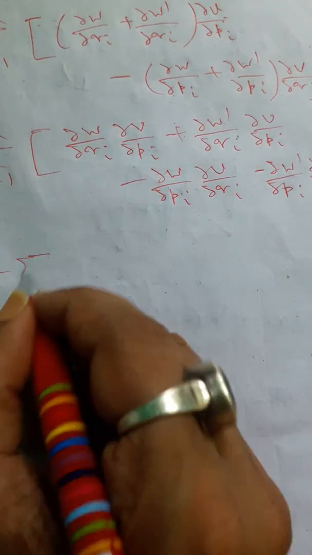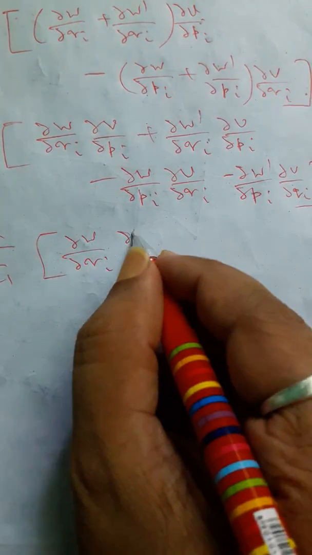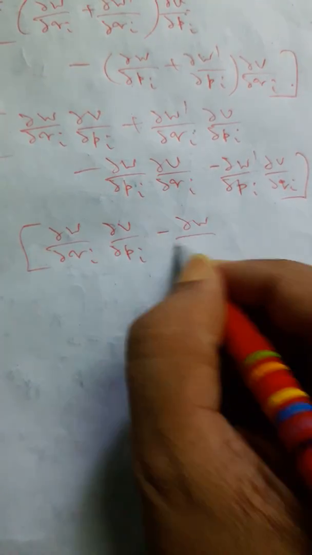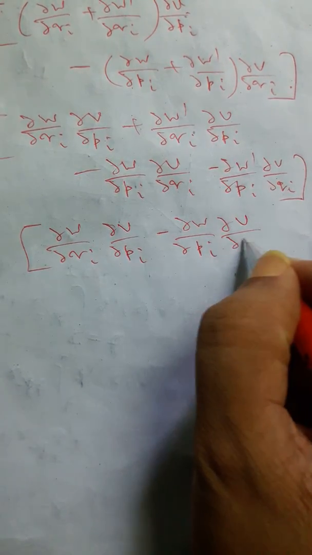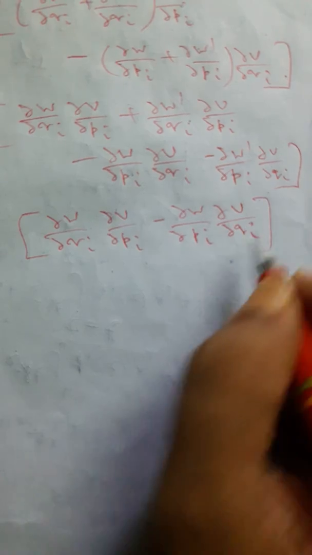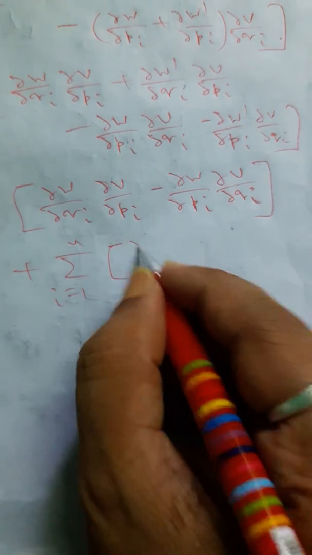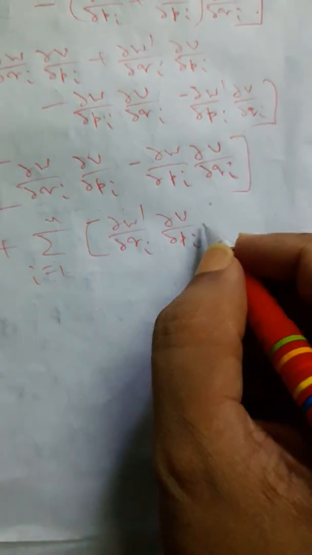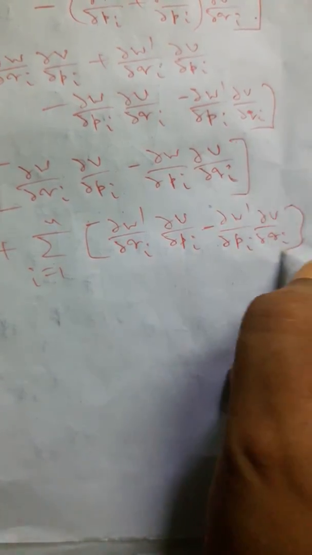Now arranging, the sum of i equals 1 up to n of del w del q i del v del p i minus del w del p i del v del q i is one term, and another term will be the sum of i equals 1 up to n of del w dash del q i del v del p i minus del w dash del p i del v del q i.